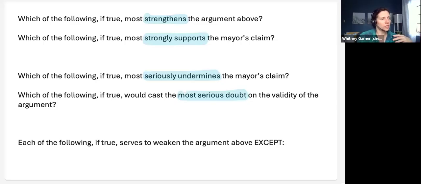Now, I do want to show you one question that is often mistaken. And so let me get this on the board for you. And we'll look at what it is asking us to do.